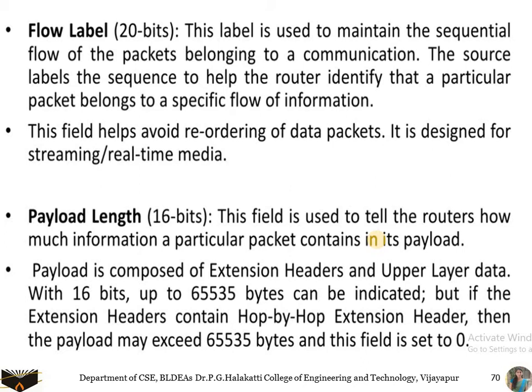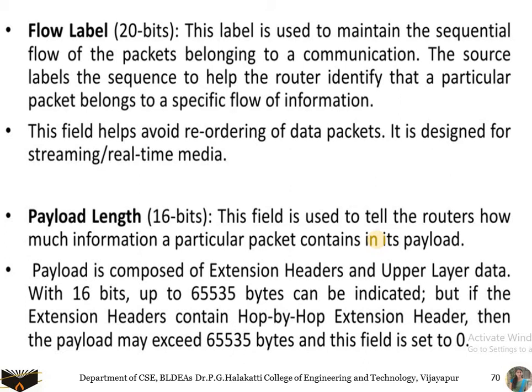So if you have large data, it will be divided into certain packets, and here the sequential flow of the packets is important. If the large data is divided into smaller parts and you transmit all those packets, then at the destination all of them need to be received in sequential format.